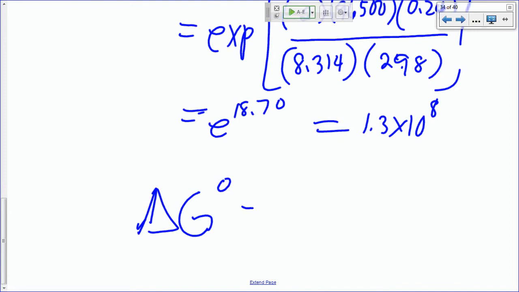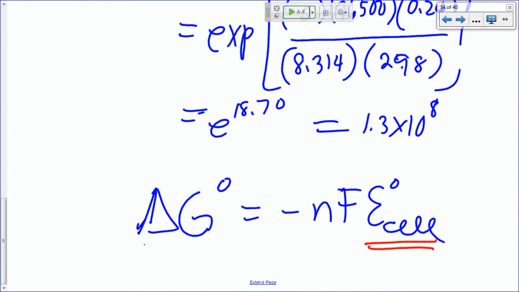Delta G naught is negative nFE naught cell, right? So the more positive this one is, the more negative the delta G naught is. Remember we said a very negative delta G naught is a reaction that goes far towards the product side. So the more positive the standard cell potential is, the larger the equilibrium constant.